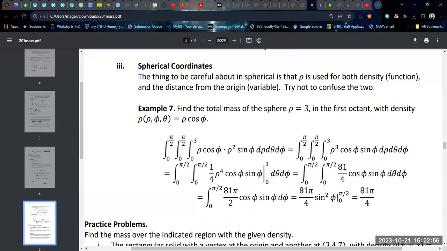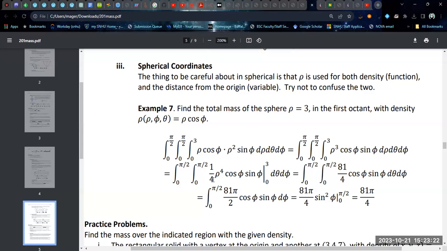Again, we'll have to multiply our 2 rhos together to get rho cubed, and we'll have a cosine phi and a sine phi to integrate when we get there. Our limits of integration, since we're in a sphere, are 0 to 3. And then because we're in the first octant, we're going from 0 to pi over 2 in both theta and phi.